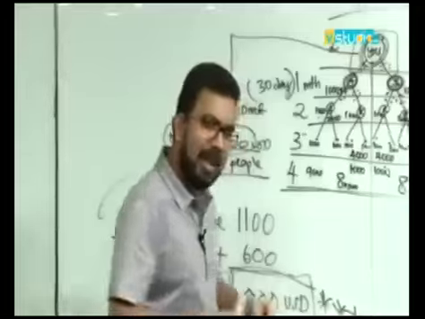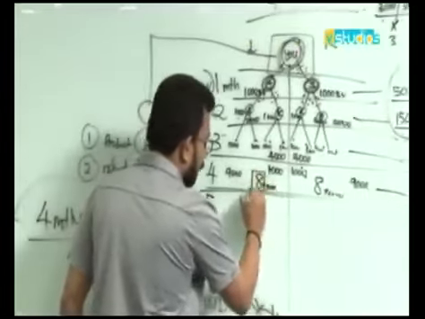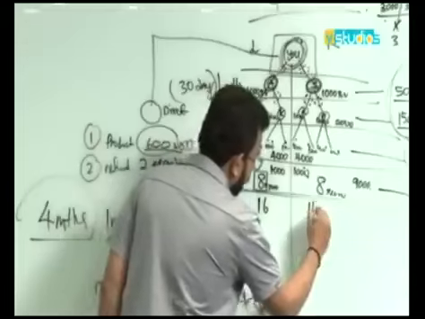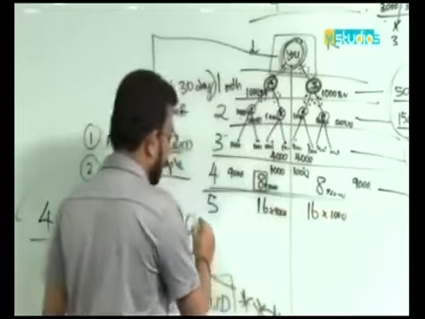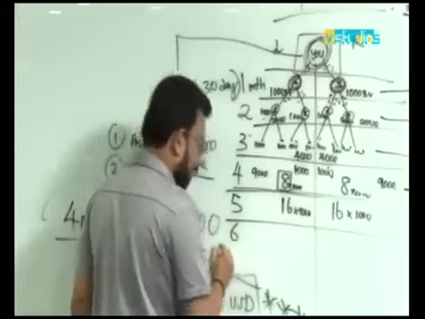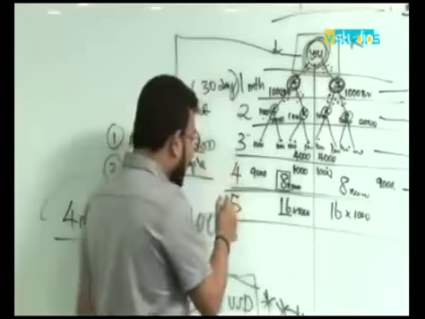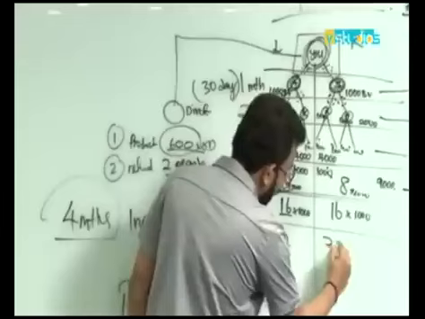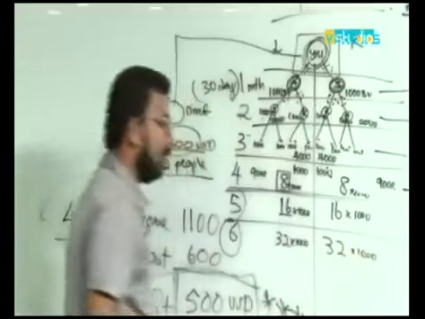But let's take it a bit further. Month number 5, 8 people, each bring 2. Remember? So there are 16 people here, 16 people here, times 1000 BV. On the 6th month, 16 people each find 2. In 30 days, this is months. You got 32 times 1000 BV times 1000 BV.